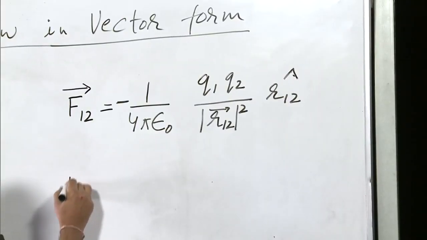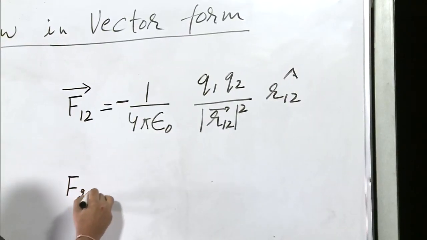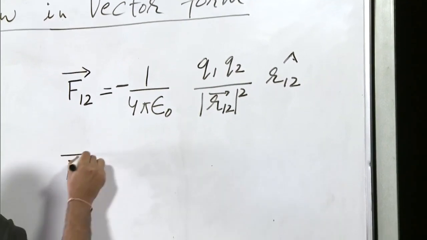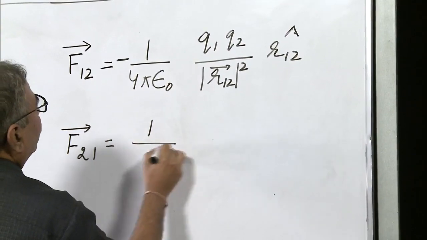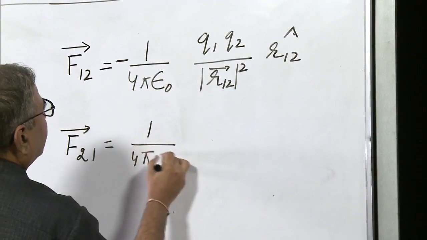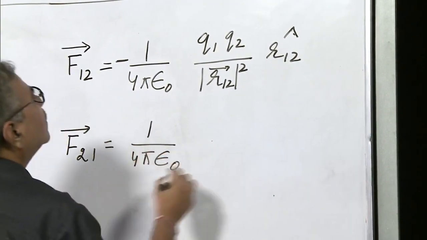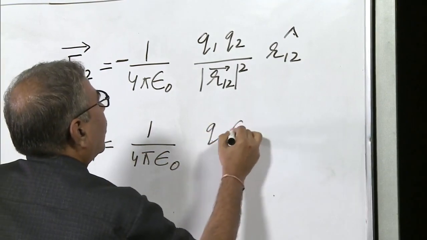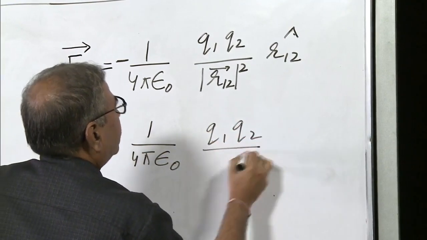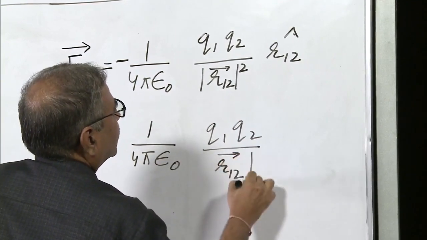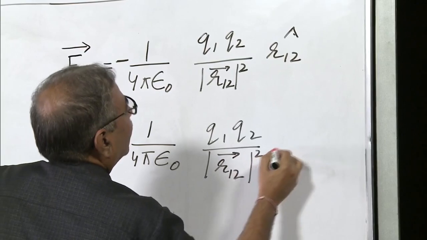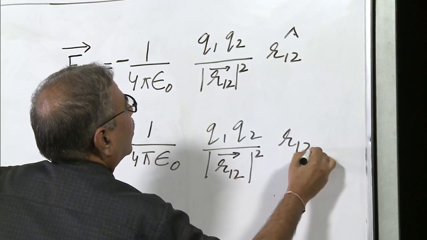Let us write equation for F21 now. F21 will be equal to 1 upon 4 pi epsilon naught Q1 Q2 upon R12 magnitude square R12 cap.